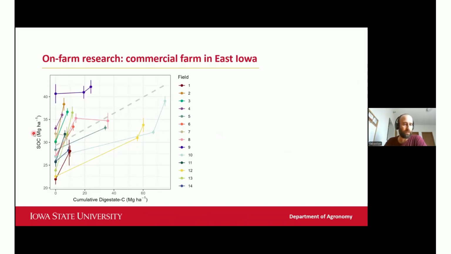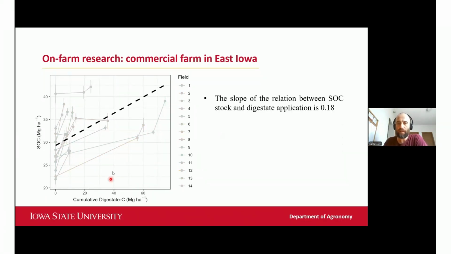Then, when we look at the relationship between the soil organic carbon and the cumulative digestate carbon that was applied, we found this positive relationship. And again, when we fit a model to see the average relationship between these two variables, we observe that the slope of this relation is 0.18.